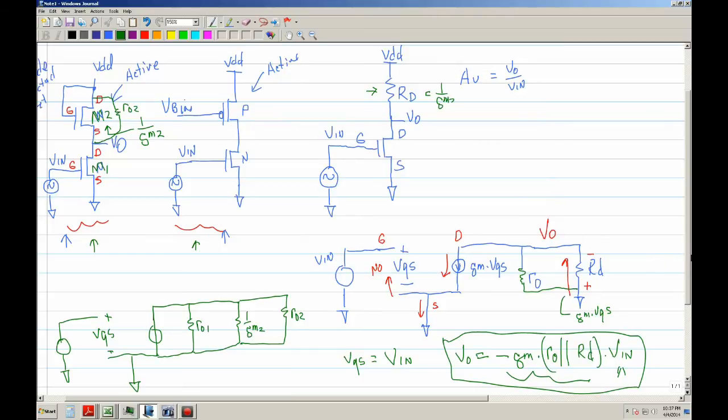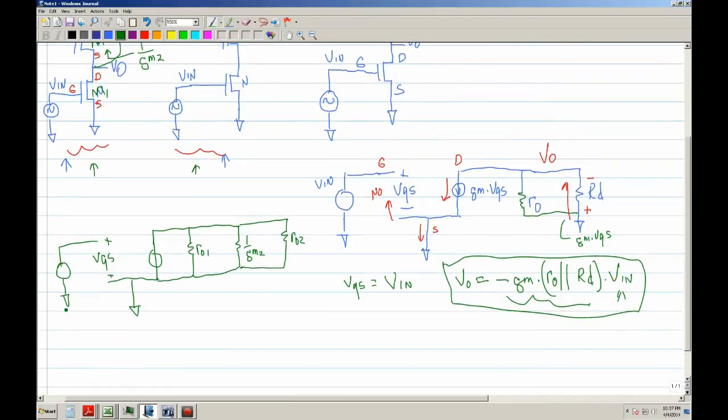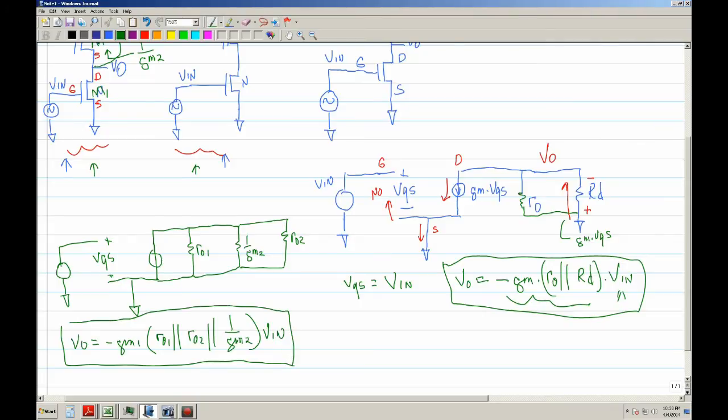Now it's pretty straightforward. Vout is supposed to be gm1 times rout1 in parallel with rout2 in parallel with 1 over gm2. And that's the gain for that one.